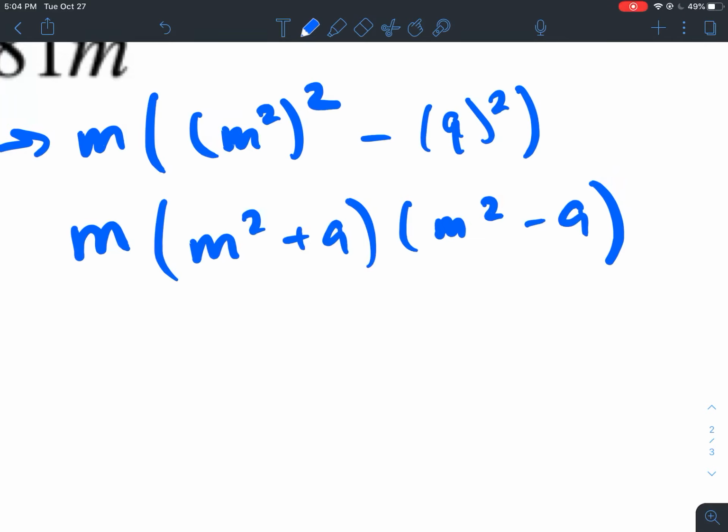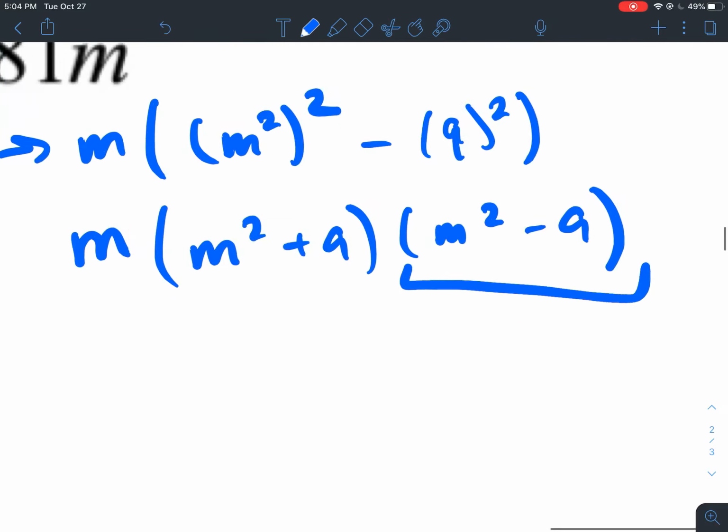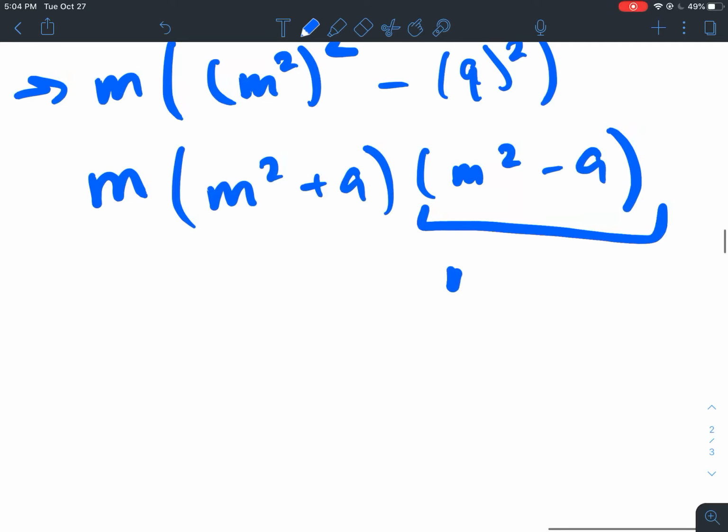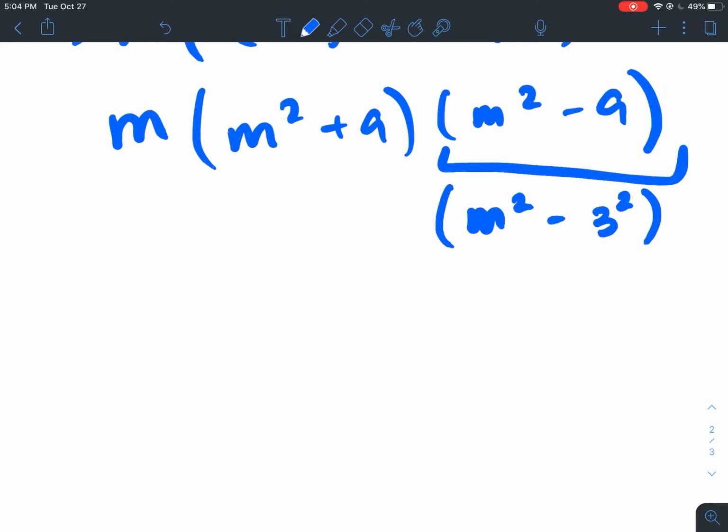And now I can even go a little bit further, because I can see that there's another similar pattern right here. So this can be written as m squared minus 3 squared. Okay? And then this can break down into two factors of m minus 3 and m plus 3.